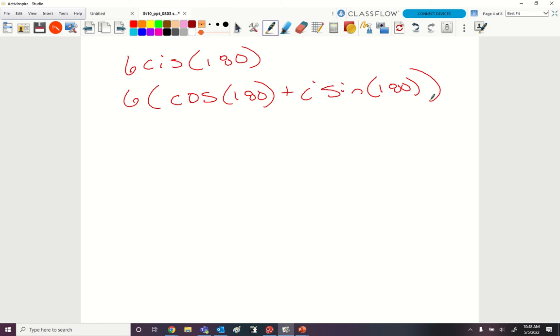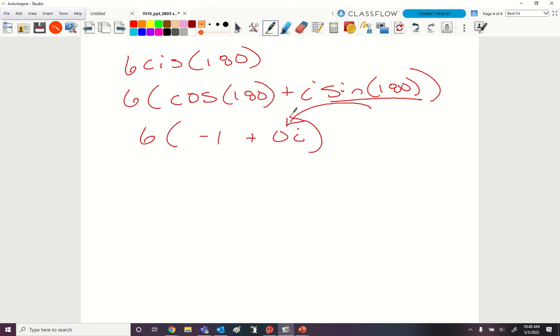Cosine 180 on my unit circle is -1, so 6 times -1. And this next one, i sine 180: sine of 180 is 0, so it's plus 0i. Because this right here gives me 0, and I leave the i alone for right now.